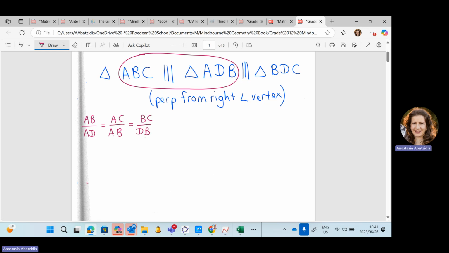Are we all okay with that? I am going to focus on these two sides in proportion. Cross multiply and say that AC squared is AB times AD. Why those two? I'll show you.